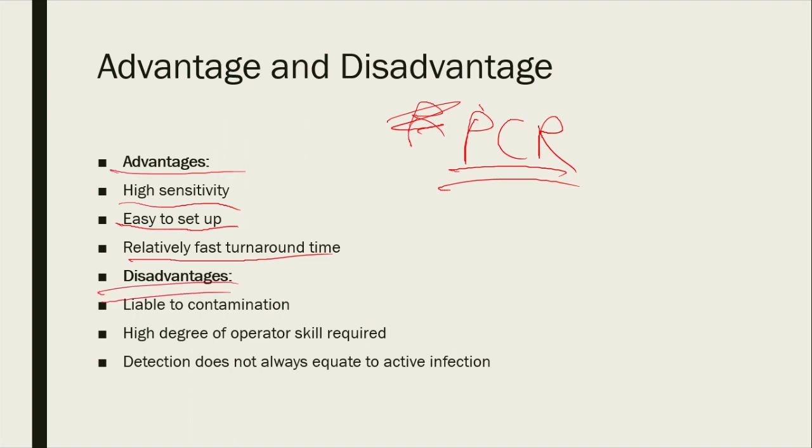Disadvantage of PCR in general is that it is liable for contaminations, particularly when you're talking about isolating mRNA or genomic RNA from an organism, because RNA by nature is very, very easily degraded.